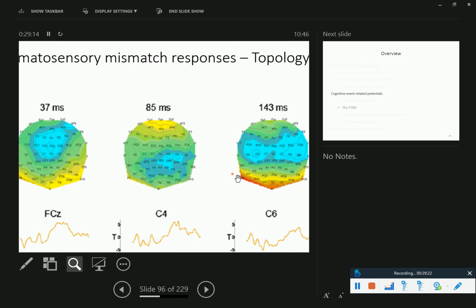But you should always assume that there's somebody in the audience for whom a mismatch negativity is 150 to 250 milliseconds, or a P300 is at 300 milliseconds. And if you show something that is like the P100 but a little bit late or something, they will say, no, that's not a P300 because it's not at 300 milliseconds. It happens. So be aware that if you do EEG research, people expect the typical effects to be there when they should be there.